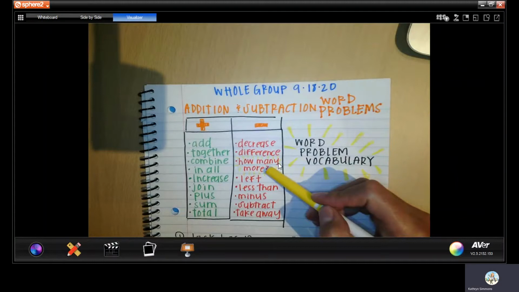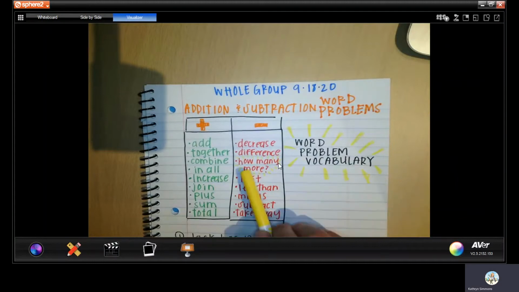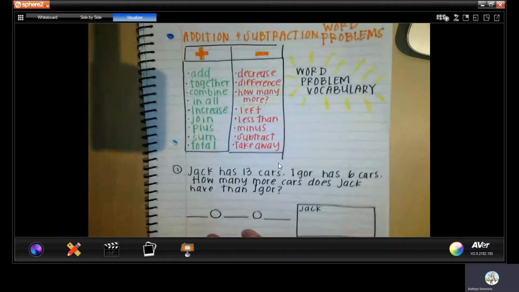Usually when we hear the word more, we think addition. But the phrase how many more is always going to mean subtraction. We're comparing two things to find out how much or how many more. So this is our word problem vocabulary. Let's use it to practice a word problem.